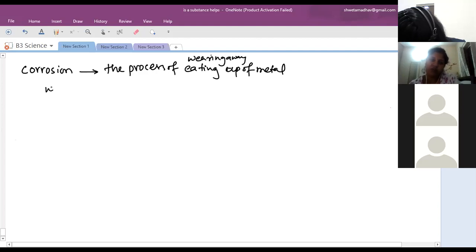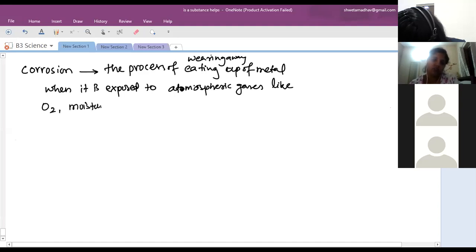Of metal when it is exposed to atmospheric gases like oxygen, moisture, carbon dioxide, H2S, etc. and converted to, just a sec.